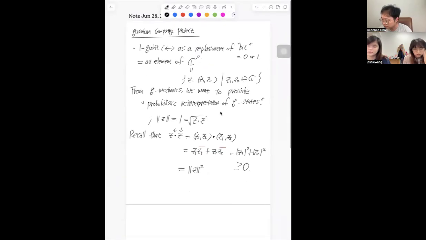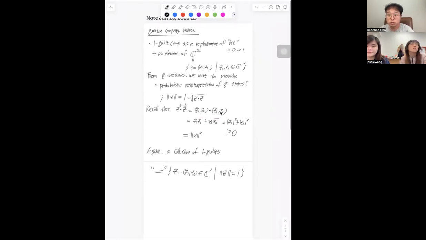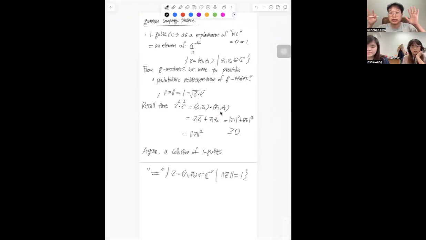So again, a collection of one qubits is naively identified as a collection of z in C2 satisfying norm equals 1 for a moment. Is that okay with you? So this is what we take as all possible collections of the one qubit.